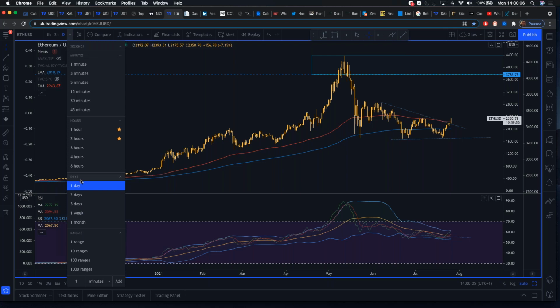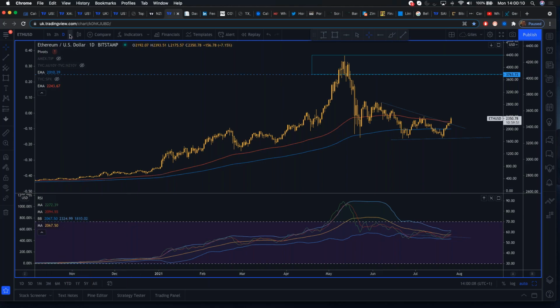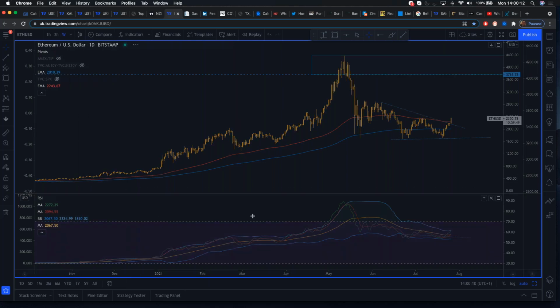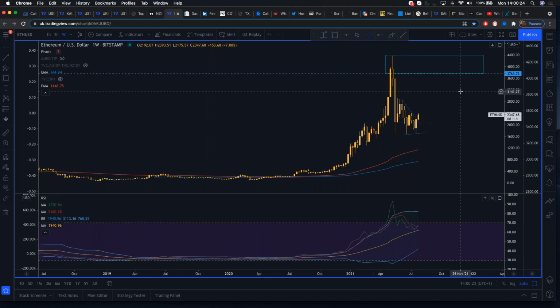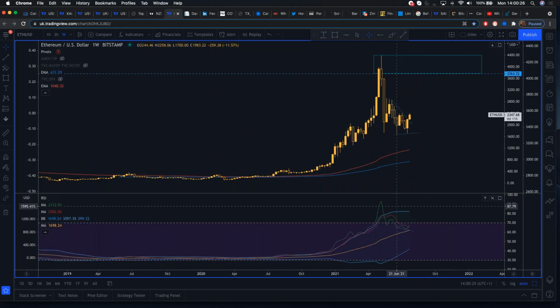Just take a look here and you will see that there's a hidden bullish divergence in Ethereum. So it's possible to enter at market with stops below the low, and I'm looking for a retest up towards that 3,600. Now, I'm not trading this, but I'm just noticing there's a hidden bullish divergence, which is a big signal of higher prices.